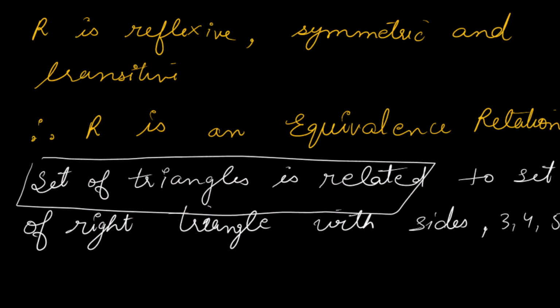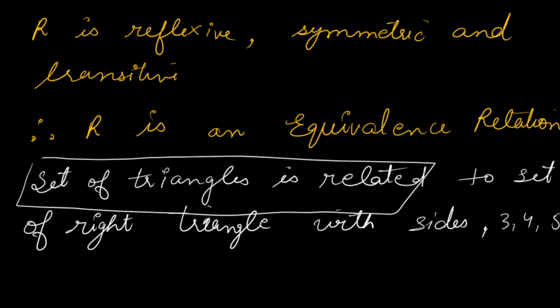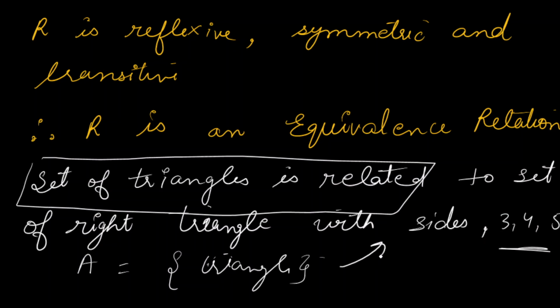Because the given relation says P1 and P2 have the same number of sides. If we have to figure out which set of elements are related to the triangle with sides 3, 4, 5, it will be the set of all triangles, because in set A we have all polygons. So among all those polygons, the set of all triangles will relate to the triangle with these sides.